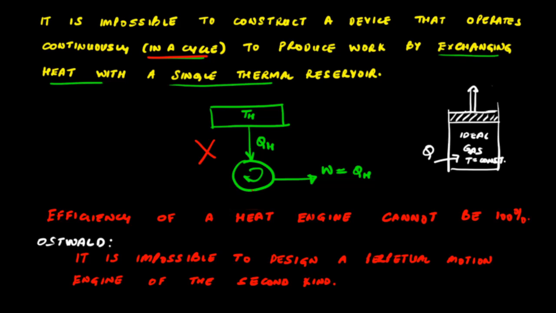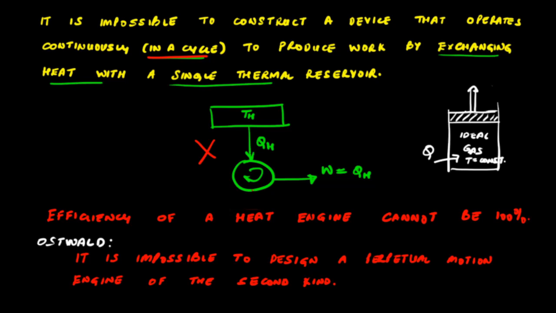Note that the first law expresses the impossibility of building a perpetual motion engine of the first kind, which means a device that produces work output without any heat input, and such a device is impossible to make, as given by the first law. But the second law says that you cannot have a device which takes in heat from a single thermal reservoir while operating continuously in a cycle and produces work.